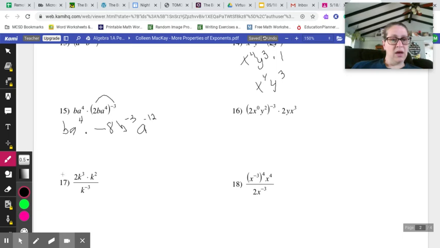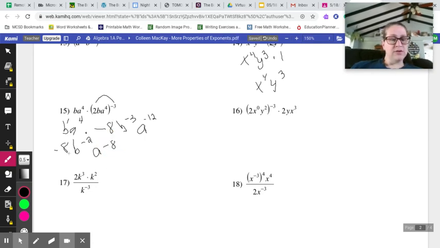Okay. So I'm going to combine my like terms. And remember, I'm multiplying. So I have negative 8. B to the 1 plus negative 3 would be b to the negative 2. Okay. And then for a, I have 4 plus negative 12, which gives me negative 8.